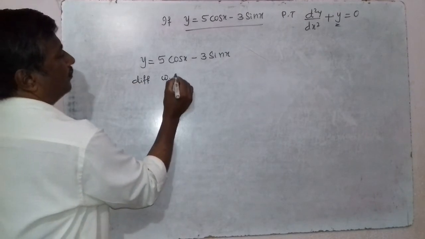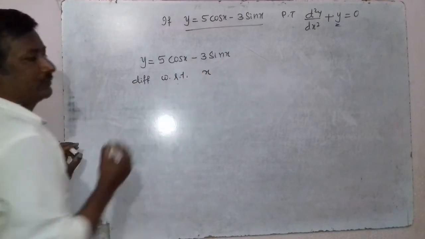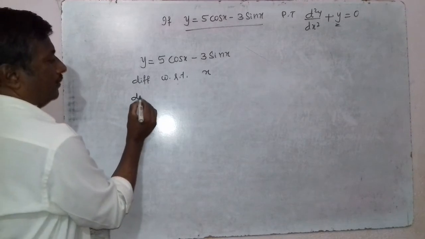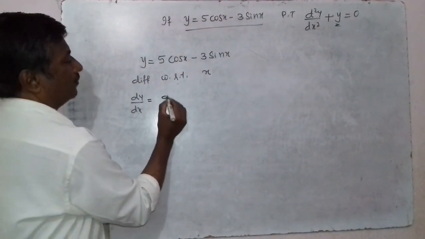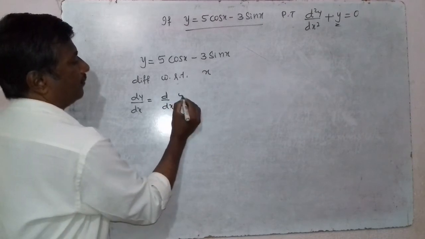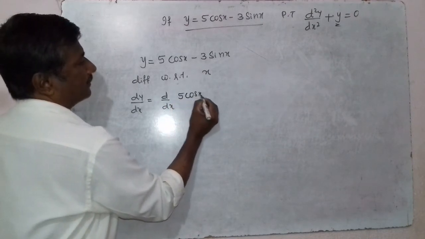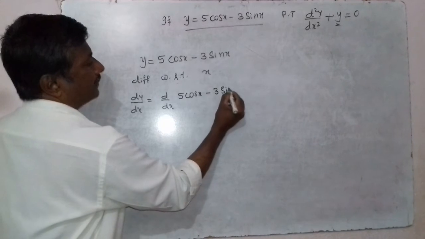Differentiate with respect to x. dy by dx equals d by dx of (5 cos x minus 3 sin x).